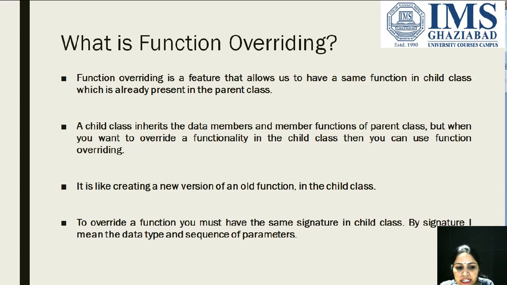In function overriding we have same name function in the parent class as well as in the child class. Now in inheritance we create the object of the derived class, and through the object of the derived class, when we call that particular function, the child class function is executed. That means it has overridden the function of the parent class.